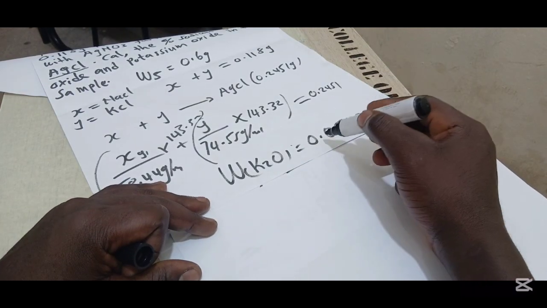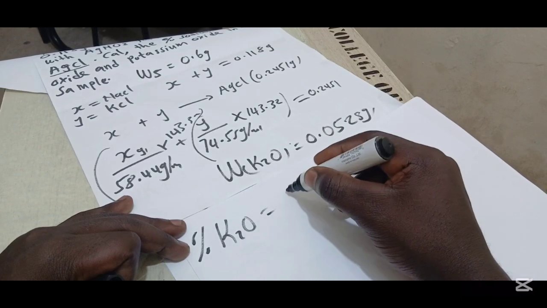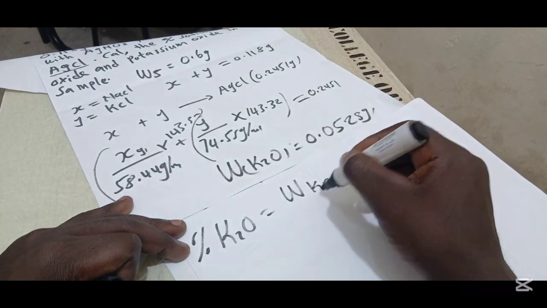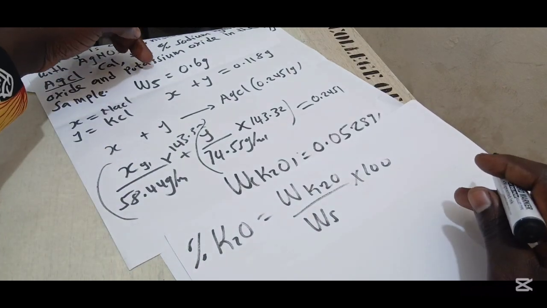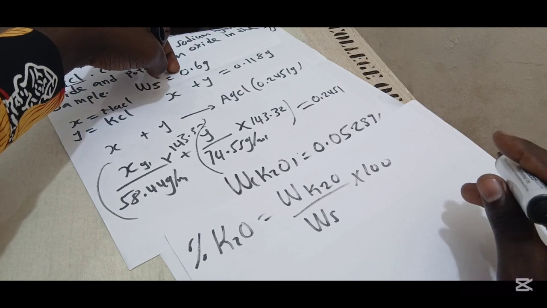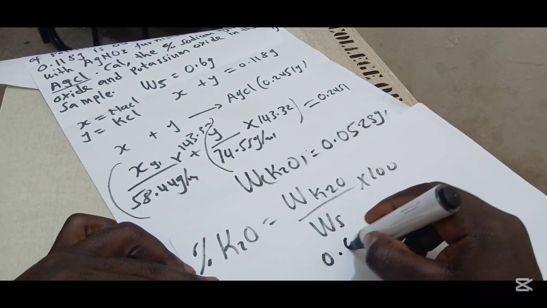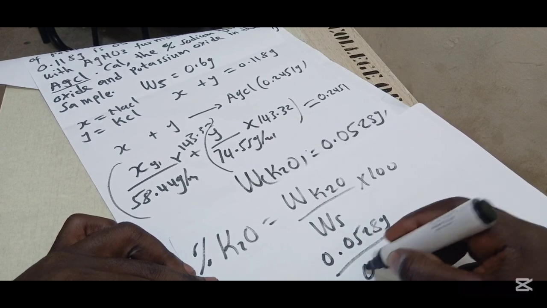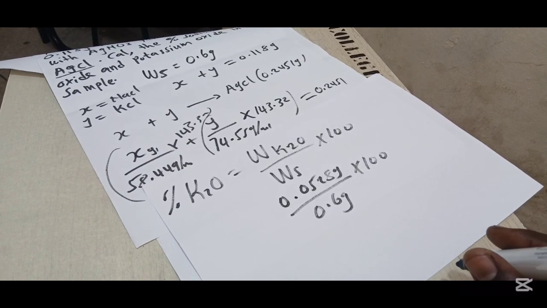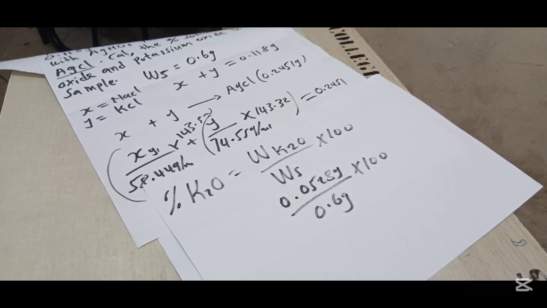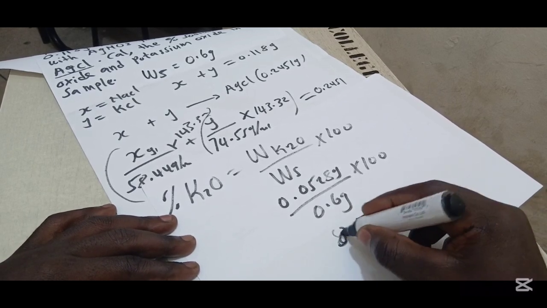Percentage K2O is going to give us weight of K2O over weight of sample times 100. The weight of our sample is given to be 0.6 grams, and we know our K2O to be 0.0528 grams, all over 0.6 grams times 100, and this is going to give us 8.78%.